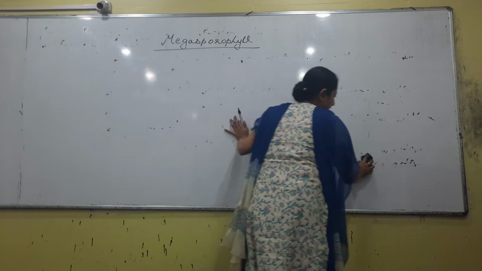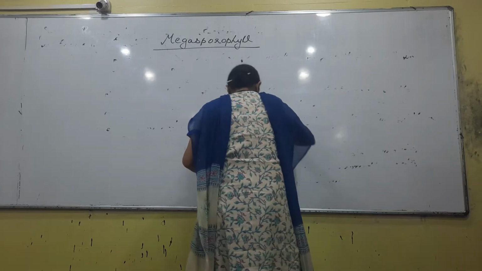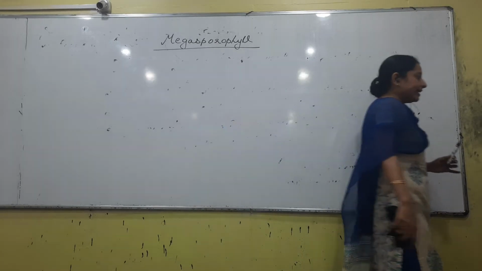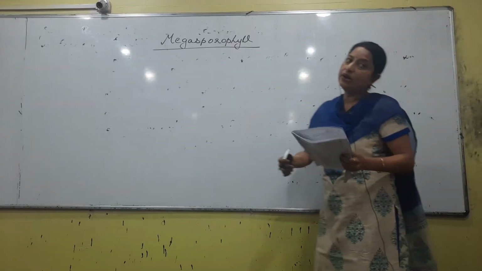So, what is a megasporophyll? The pistil or the carpel is called as megasporophyll. As far as the parts of a carpel are concerned, there are three: stigma, style and ovary, right?